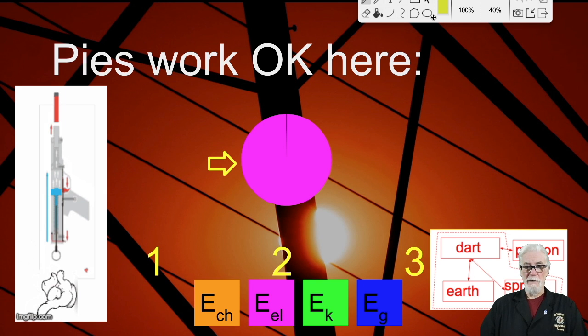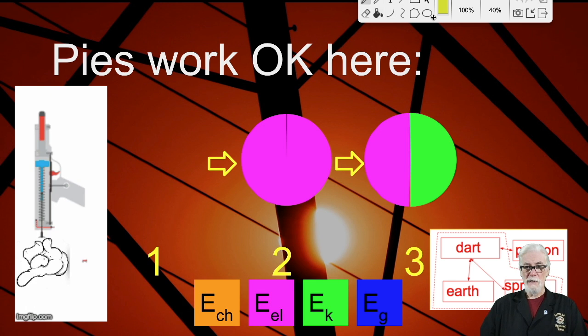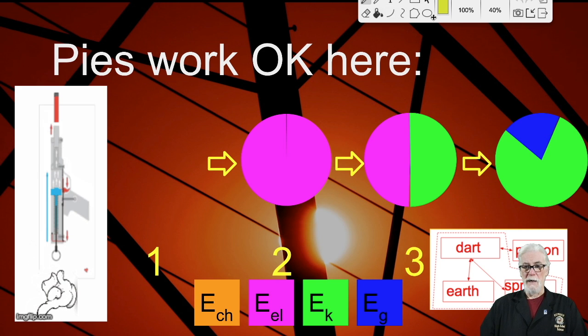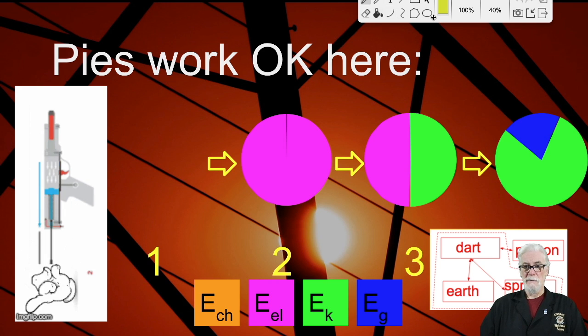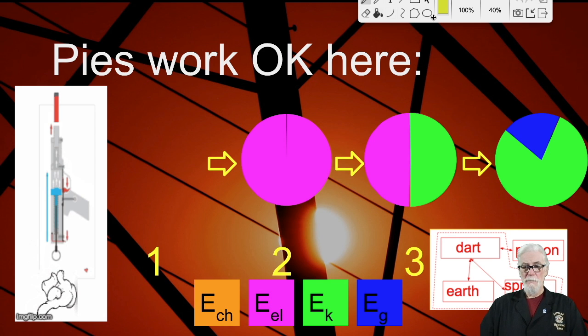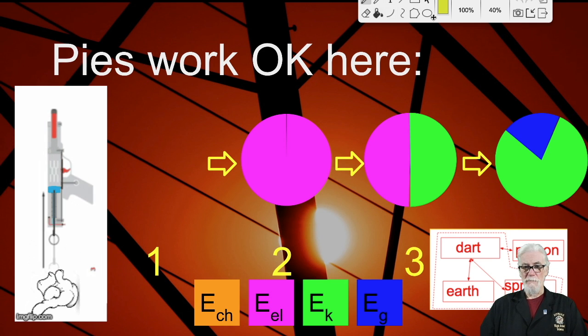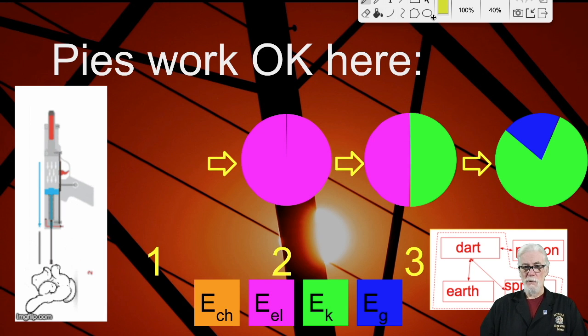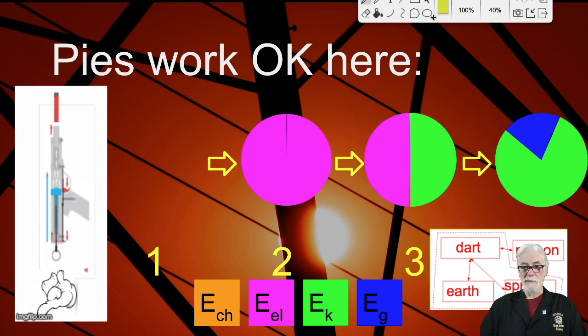As the dart gun got armed, the spring got compressed, energy appeared that was outside the system before, and then that energy partially was transformed from elastic to kinetic, and then at the end, the kinetic and gravitational made up the pie. But once the total amount of energy transferred between 1 and 2, the size of the pies remained the same, and we were just looking at how we divide it up between the different pie slices.